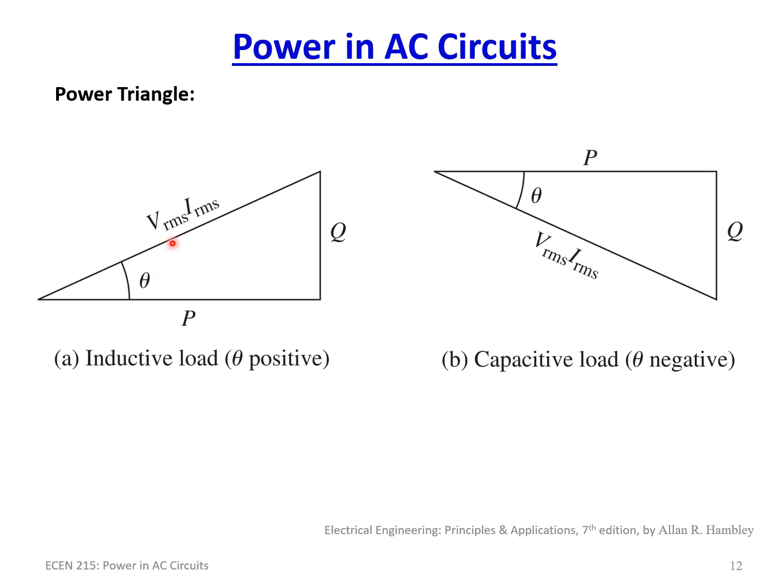Therefore it is a positive angle, and you end up with power being a real number, and Q being a positive value. Our hypotenuse, the magnitude, if you will, is VRMS times IRMS. This is your apparent power, real power, and the imaginary or reactive power.